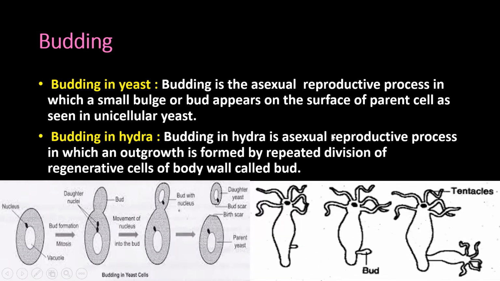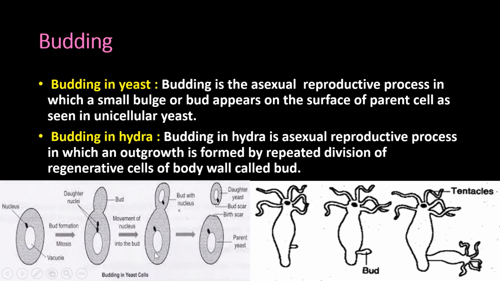You see this diagram, this should help you, right? Budding in yeast: there is a nucleus and there is a vacuole. By the process of mitosis, a bud is formed, and two daughter nuclei are formed. This is your bud. Now, movement of the nucleus into the bud.